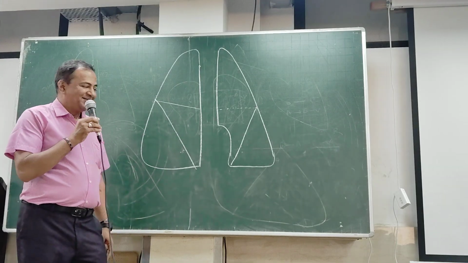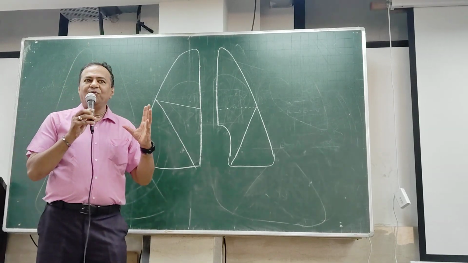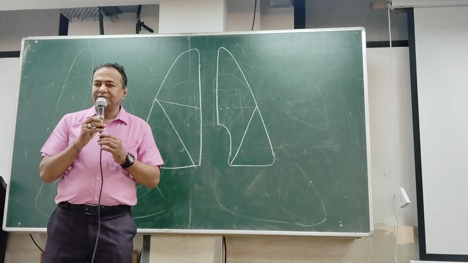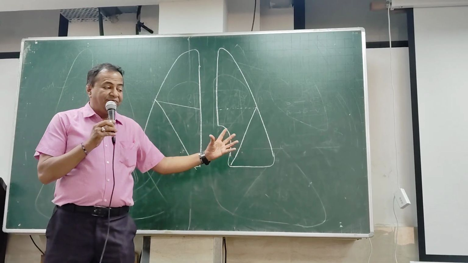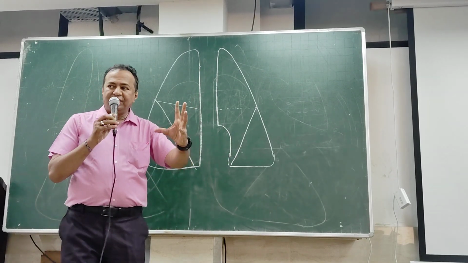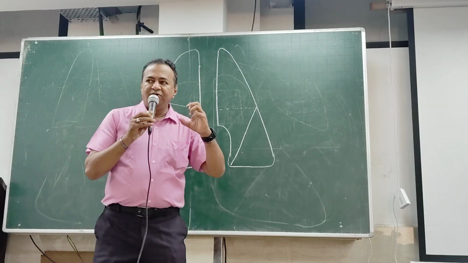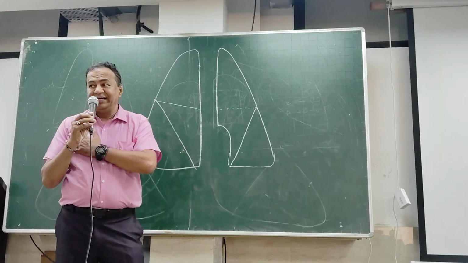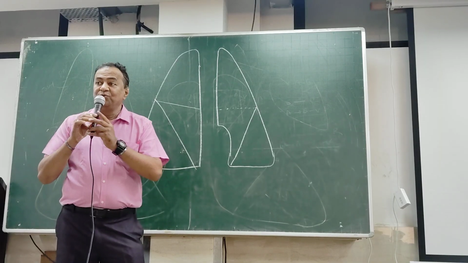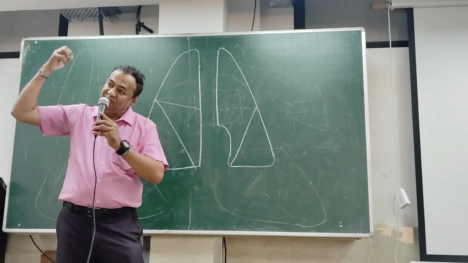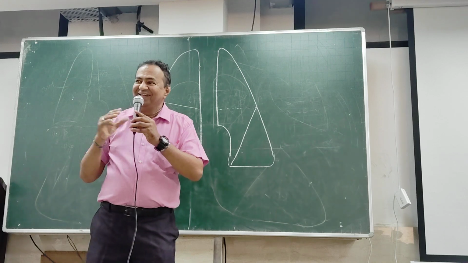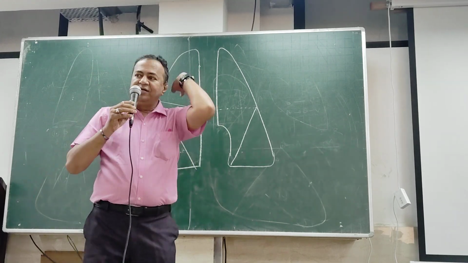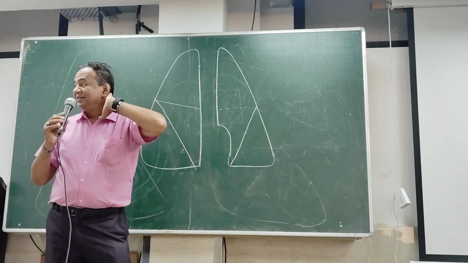1, 2, 3 start. So see how anatomy helps in all the fields. Initially, when they did not know the anatomy of the lungs, suppose there was tuberculosis on the right side, they used to do pneumonectomy, removing the entire right lung. They didn't know, the TB was increasing and treatment was not working, so they removed the whole right lung.